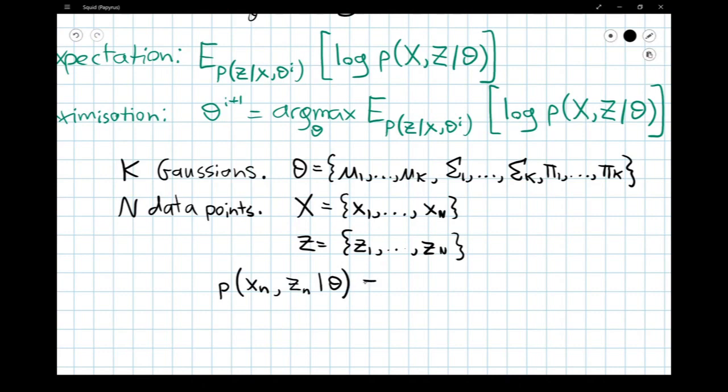And we know we can write that as the probability of x n given z n and theta multiplied by the probability of z n given theta.